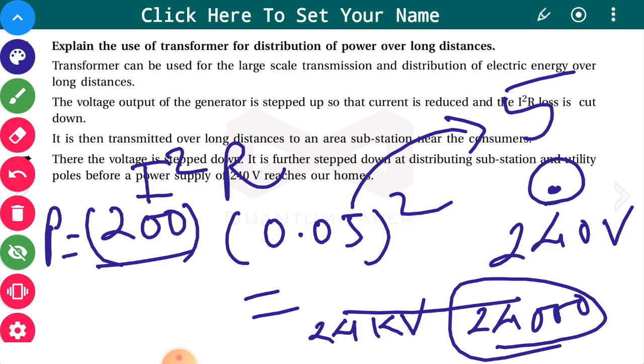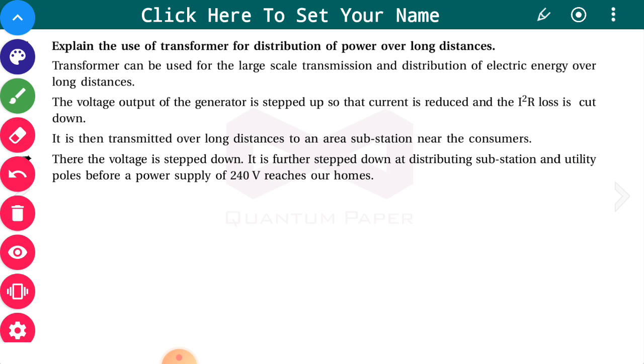So that voltage is brought to 240 volt, and the current is increased to 5 ampere, and that is supplied to our home, and the appliances can run. So this is the concept of this transformer, and it is used for reducing the power loss.